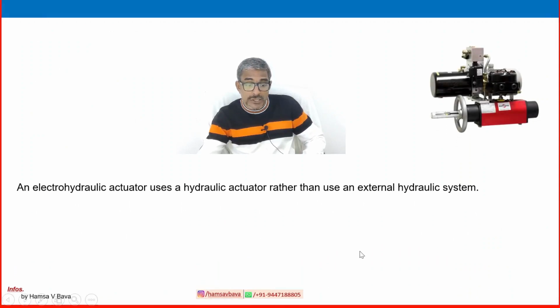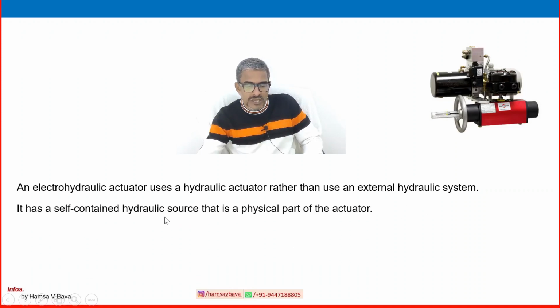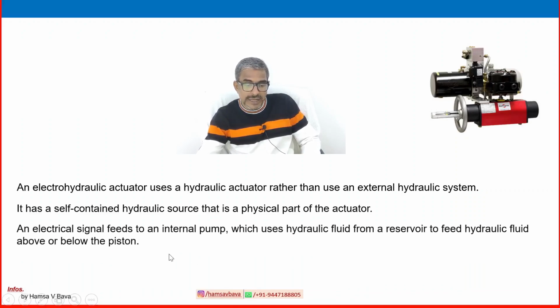An electrohydraulic actuator uses a hydraulic actuator rather than an external hydraulic system. It has a self-contained hydraulic source that is a physical part of the actuator. Inside itself there is a hydraulic system. An electrical signal feeds an internal pump, which uses hydraulic fluid from a small reservoir tank to feed fluid above or below the piston.